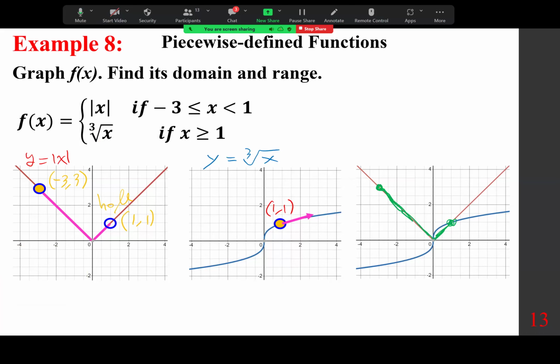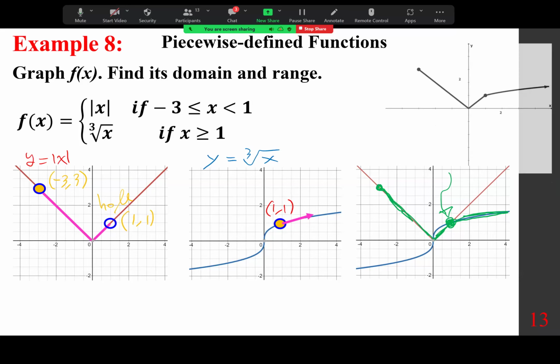Both of these pieces are from the absolute value. This point is a hole from the absolute value point of view, and it's solid from the point of view of the cube root, so they come together. So this is covered, and this portion is covered, and looks like this.